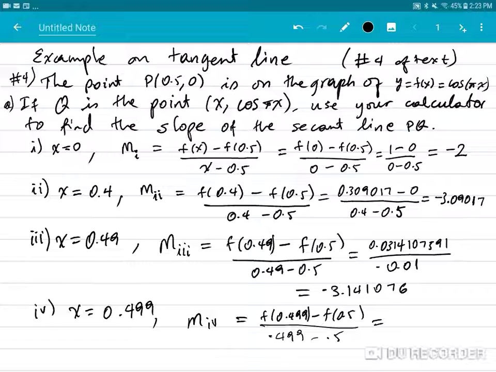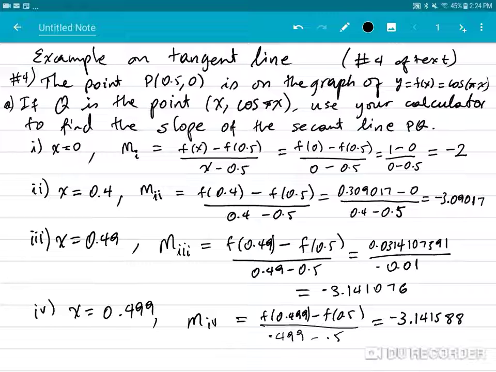So I get negative 3.141588. That's six decimal places, so that's what they're asking. So that's what we got from the left.